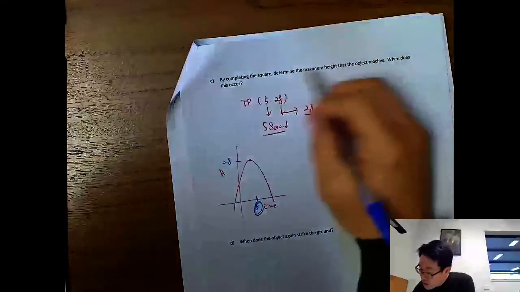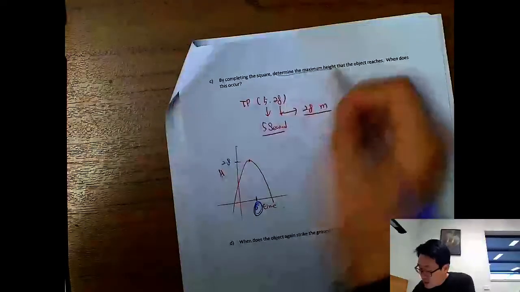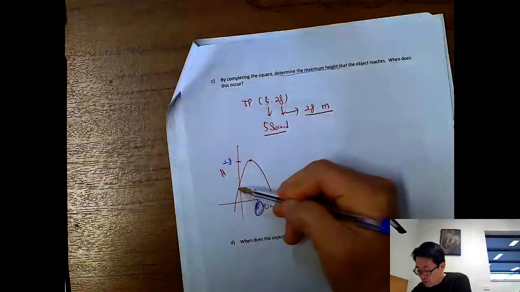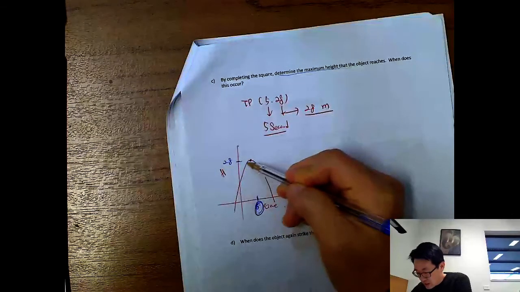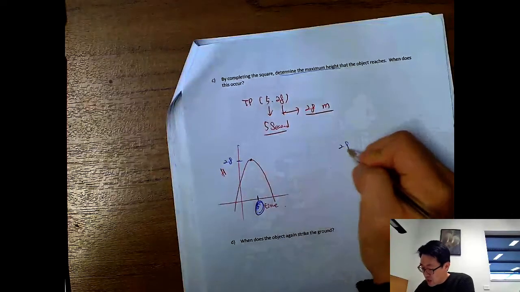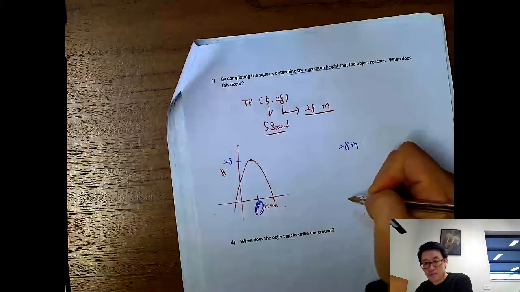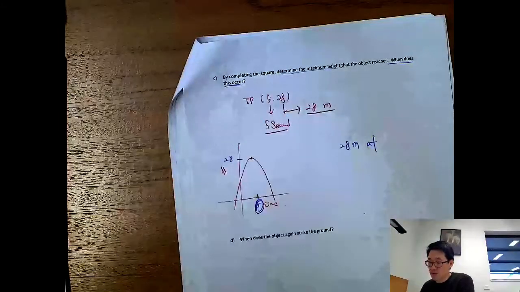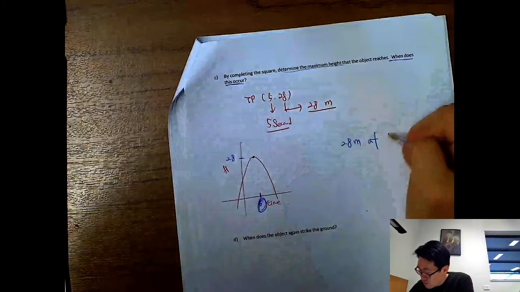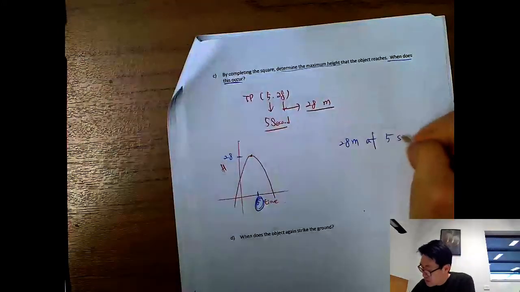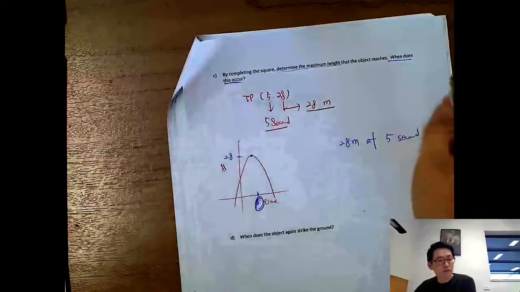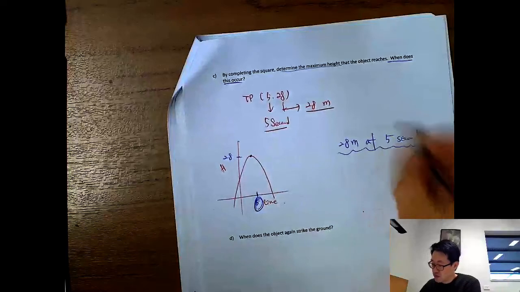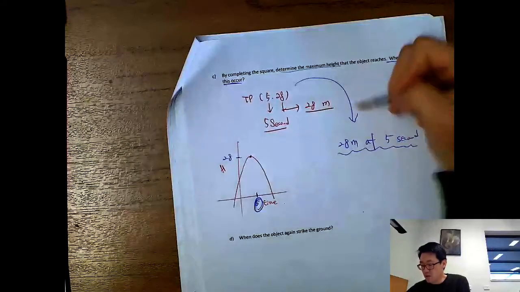So determine the maximum height. The maximum height keeps going up, and the maximum they can get is 28 meter. When does this happen? 5 seconds. Sounds good? So it's basically asking from the turning point.